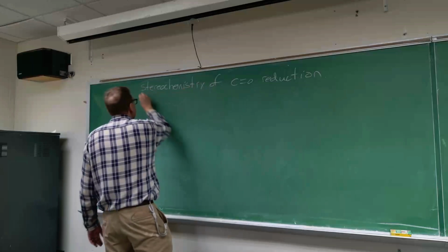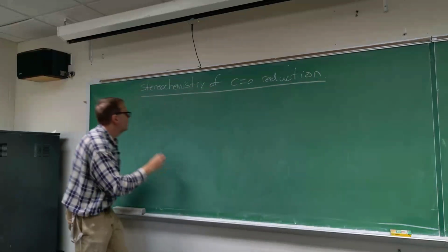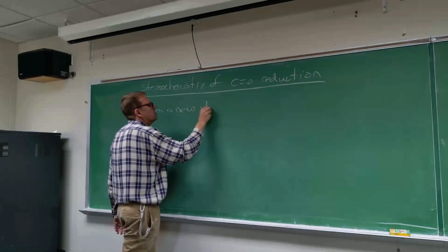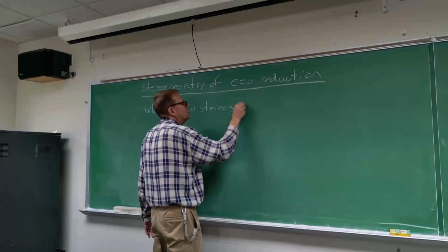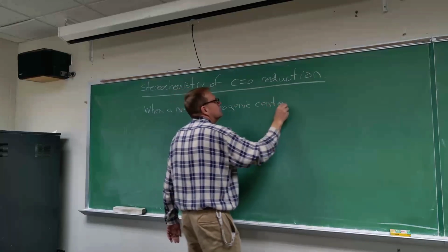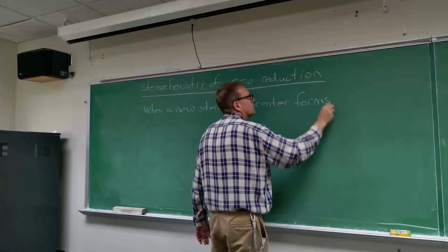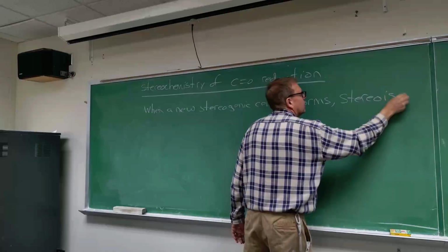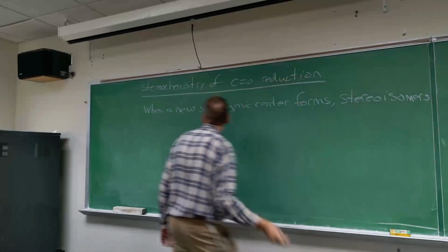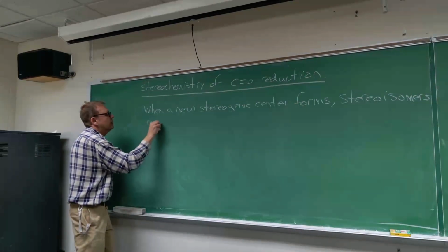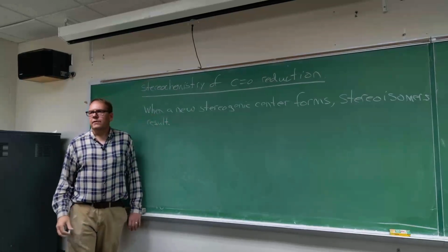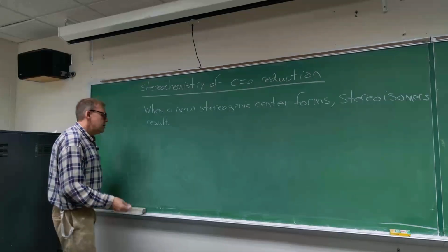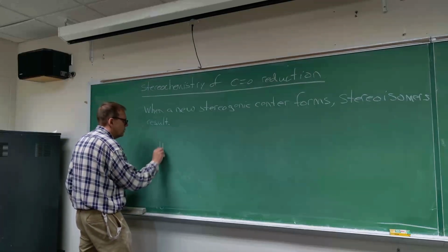And what I'll say is, when a new stereogenic center forms, stereoisomers result, because with these reagents there's no way to select which stereoisomer gets formed. Let me show you the result with a pretty simple example.